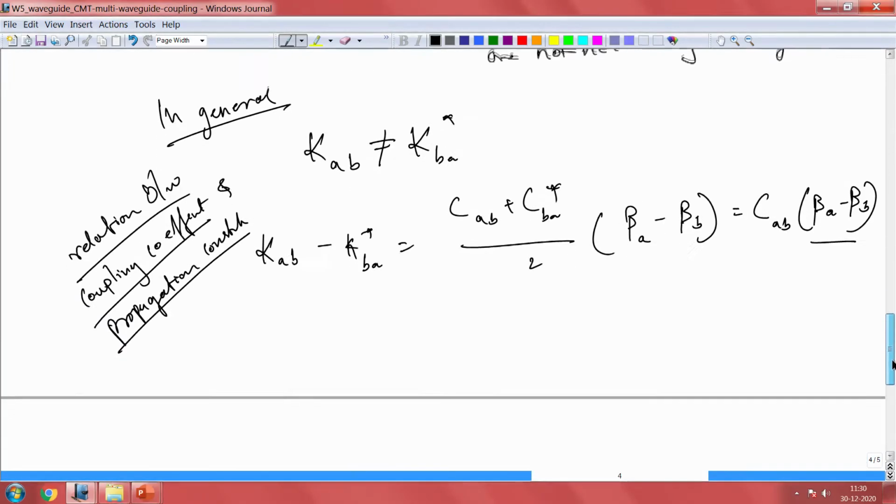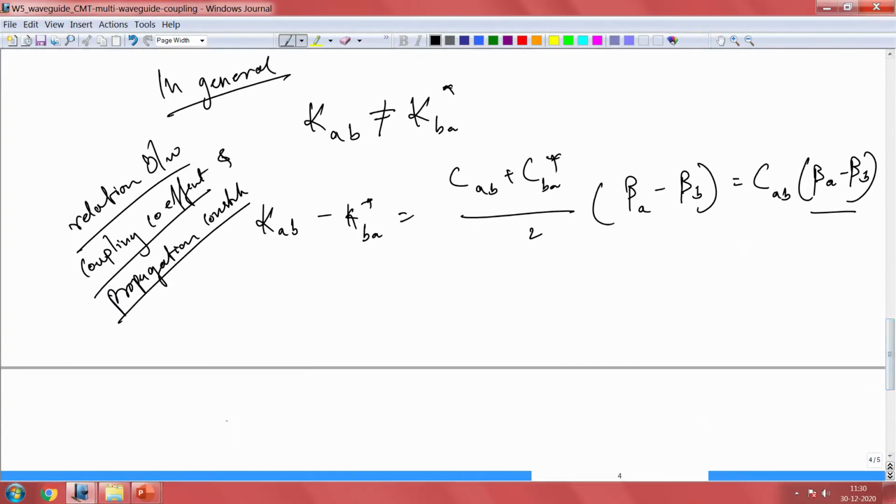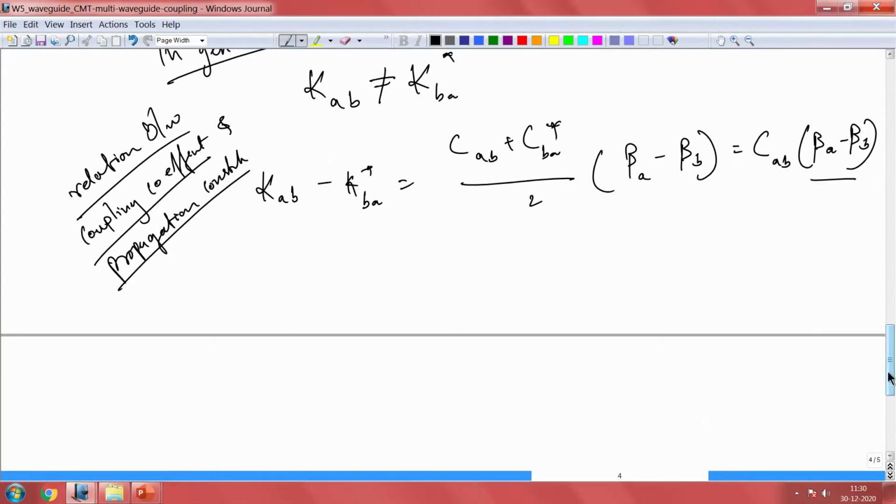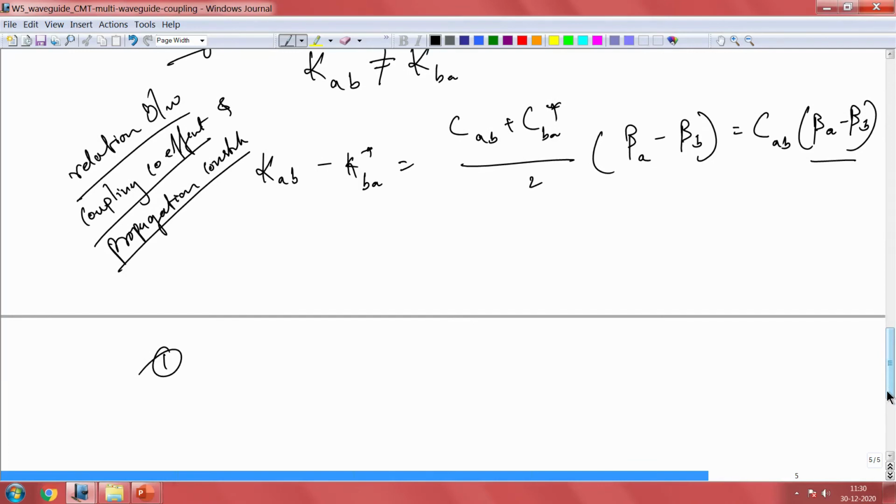Some learning from here, I would say. The first point, from whatever we have learned so far, is that the coupling between two modes is not symmetric. So, this is a general statement.